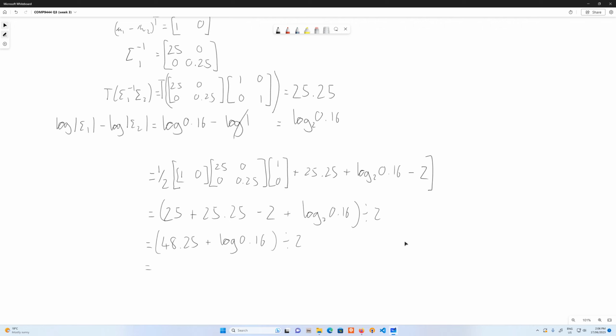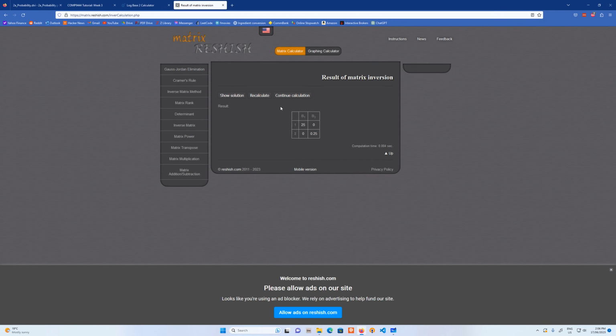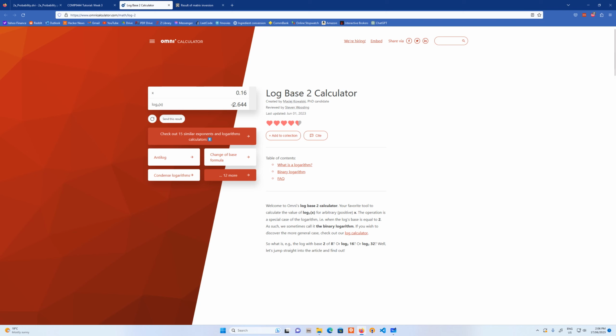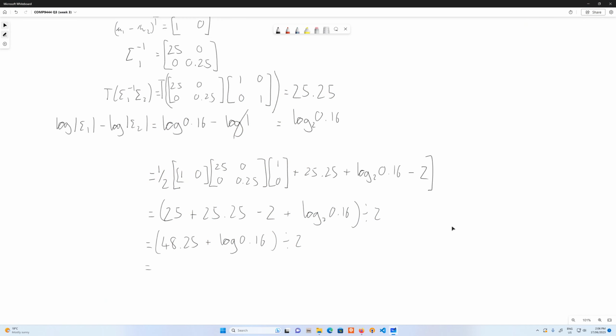Just going to use my calculator to make sure I haven't made a mistake here. Okay, 48.25. Now, if we get log 0.16, that was that one, minus 2.644, we divide that result by 2.